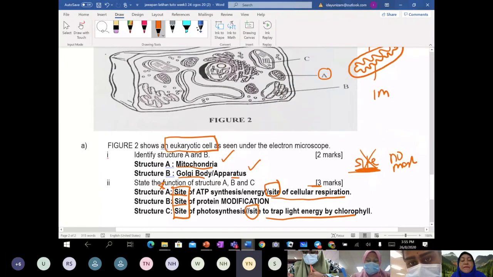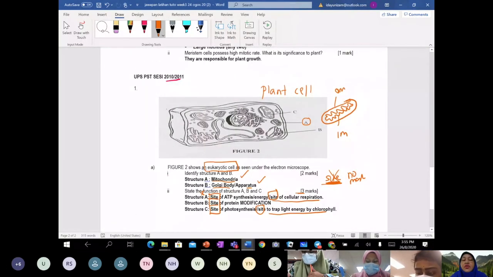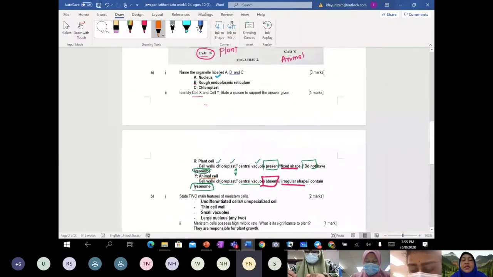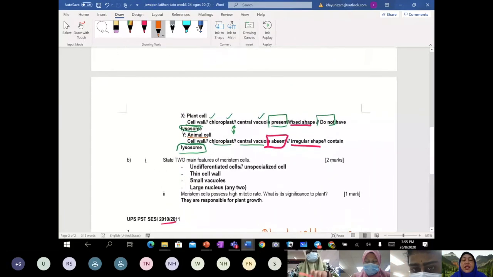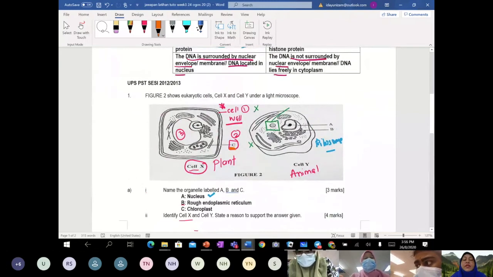So I think that's all for our discussion on this. Basically, we discussed the fundamentals of cell. When asked about cell, you must be able to identify or recognize the organelles inside it.